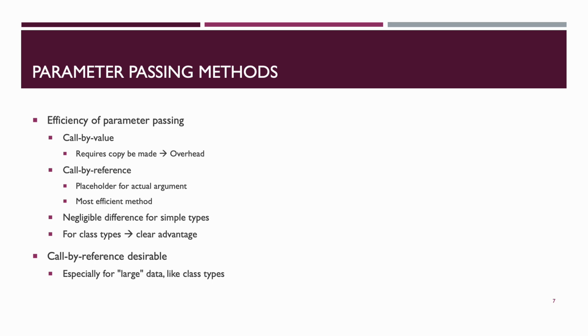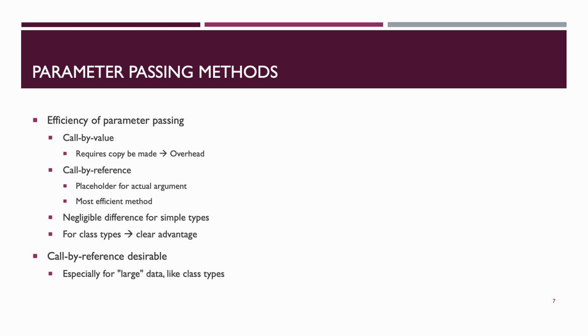Because there is no copy made, we just directly make the changes to the original argument. So call by reference is far more efficient, and especially when dealing with larger objects, it avoids the overhead of duplicating data and reduces memory consumption.